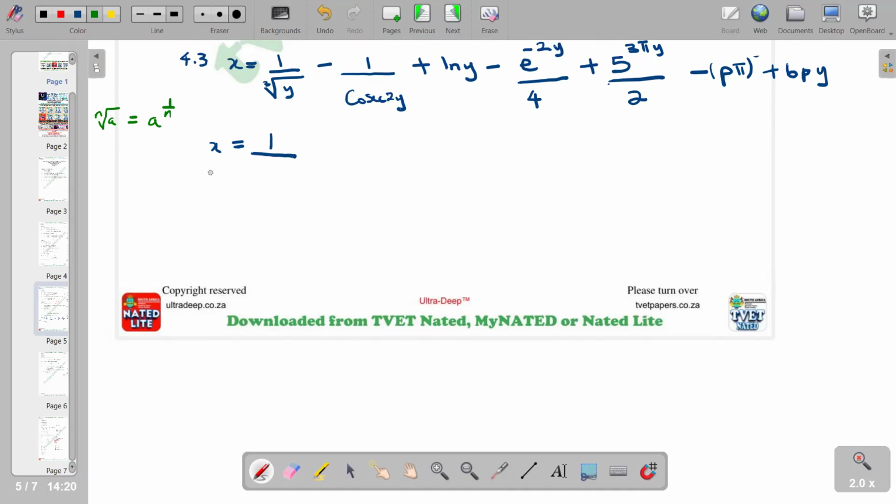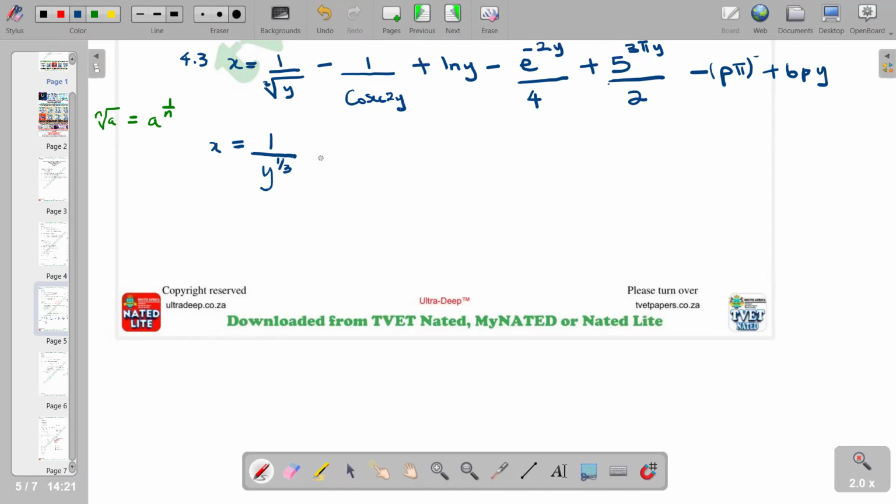So this is converted to 1 over y to the power 1 over 3. Take note, the reason for converting is that we cannot perform differentiation in the root form; we need to convert to the exponent.